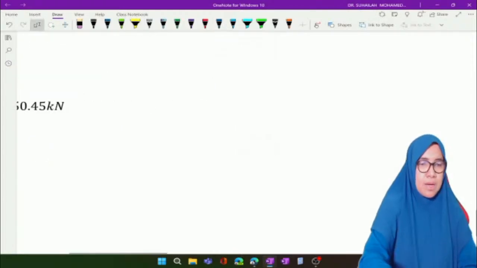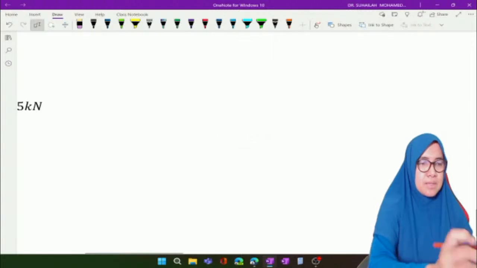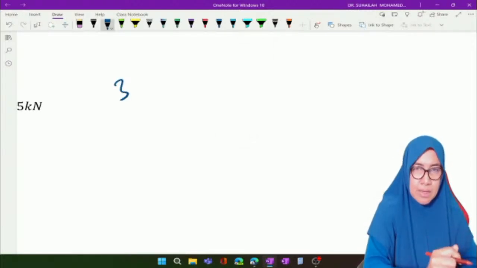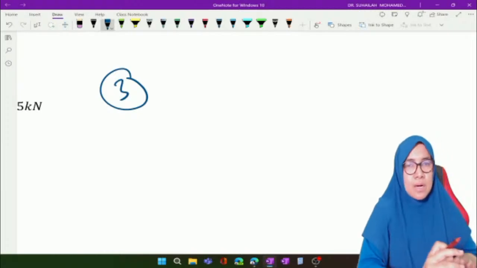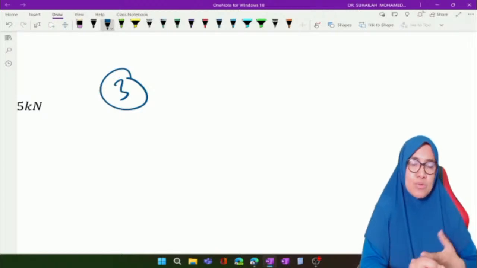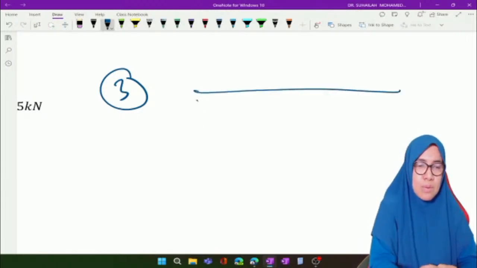We have 3 remaining reactions, and if we want to solve these 3 remaining reactions using equilibrium equation, what we need to do is we just need to draw back the diagram.